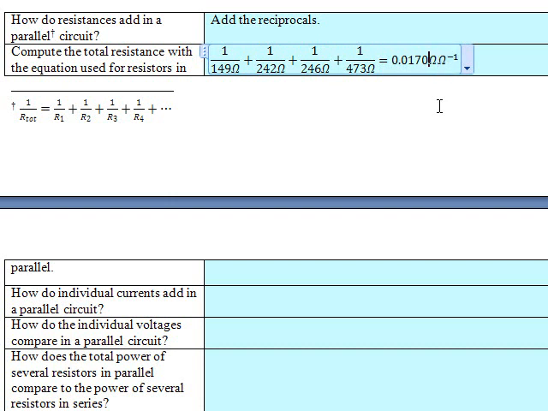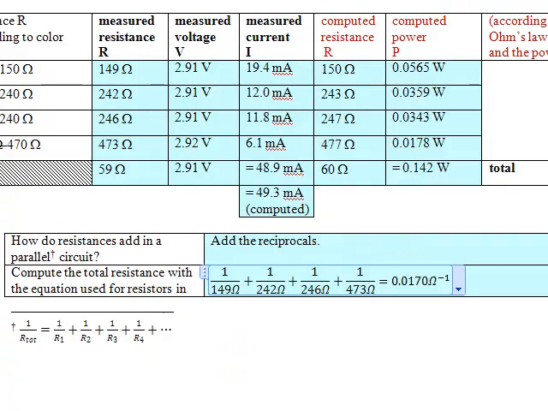And when I look at that, well, that's not what this number is, not the same as this number here or that number here. Well, because the original total resistance or equivalent resistance here on the left hand side is in the denominator itself, what I have to do is I have to invert that again.